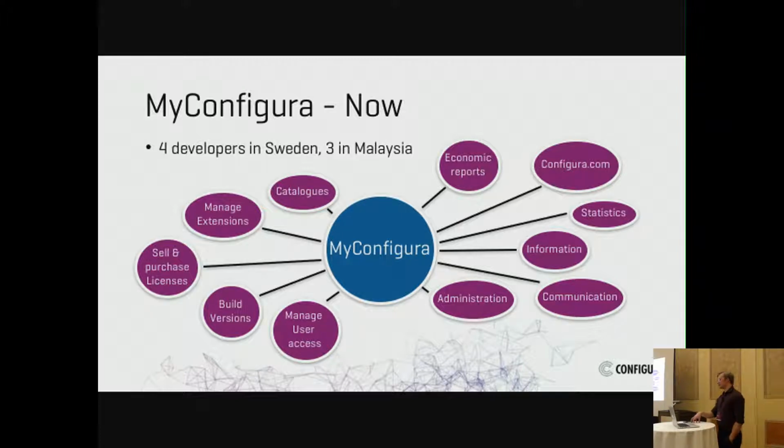We have integrated that into the same platform. We're using Perl as a coding language, which is not the most common thing, I guess, but it's kind of a fun language.